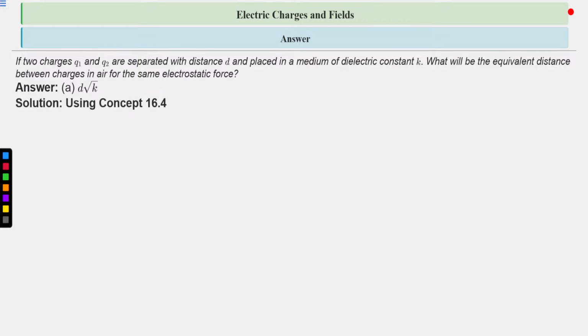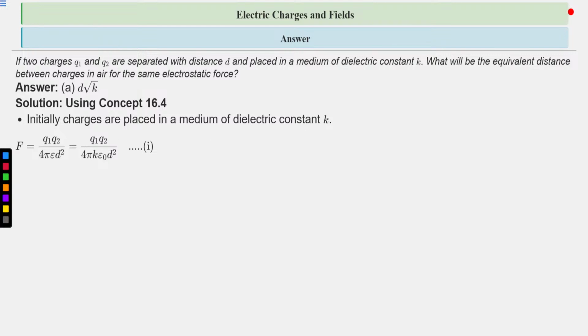Using concept 16.4, initially the charges are placed in a medium of dielectric constant K, and the electrostatic force between them is Q1 Q2 upon 4 pi epsilon d square. We are not using epsilon naught here, we are using epsilon, which is equal to K into epsilon naught.